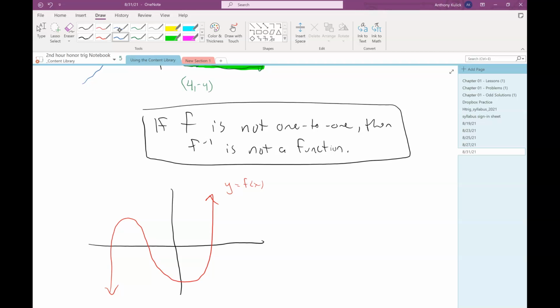If I want to check if you are one-to-one, I'm going to use a horizontal line test, because horizontal line tests will check for repeated y's. And repeated y's means that function is not one-to-one. Everybody happy with that?